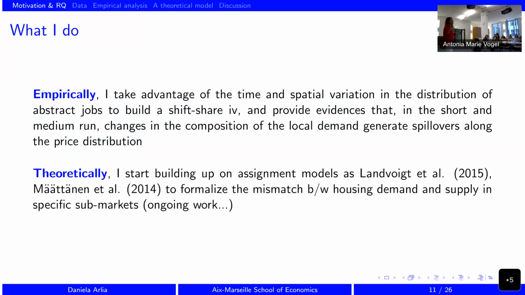Theoretically, this is still ongoing. I am starting to build on these assignment models as developed by Lamboit and co-authors to formalize this mismatch across different types of segments.